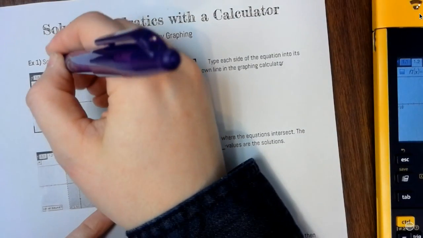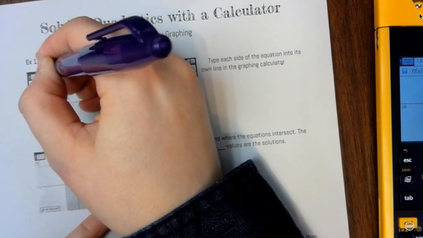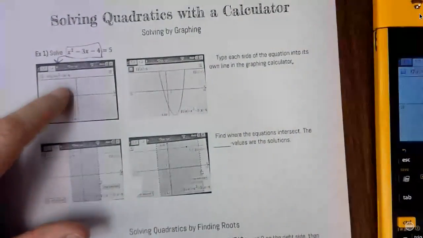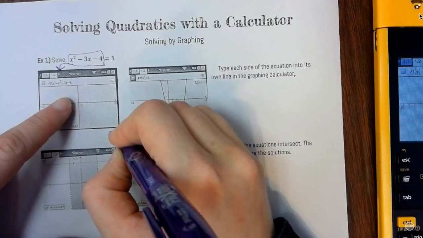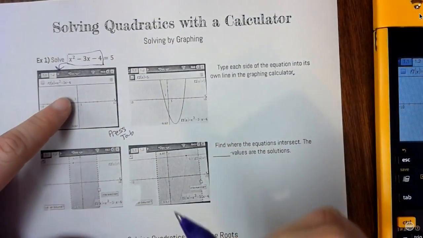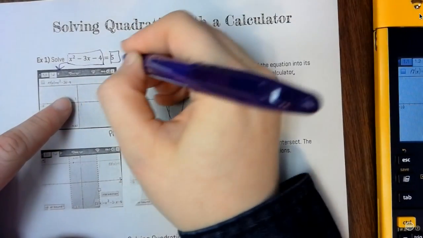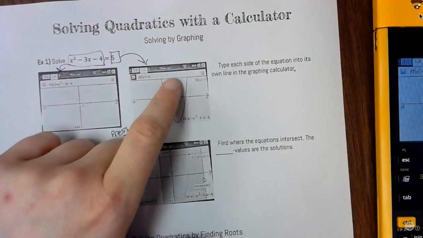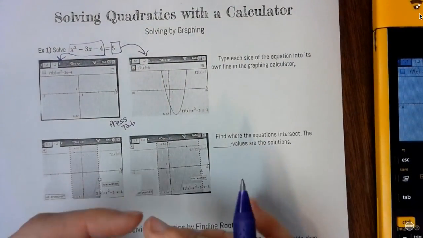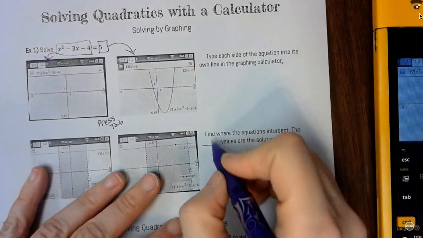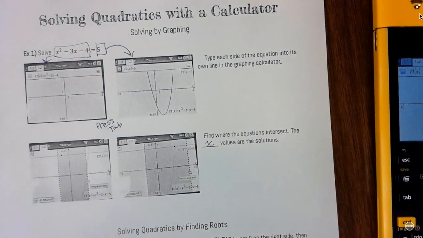So you're going to take this side and put it in separately. That's that picture right there. And then you're going to press tab to get a new entry line. And then you're going to put this side in its own line, which is this picture right here. And then you just have to find where your two equations intersect, and the x values are the solutions.